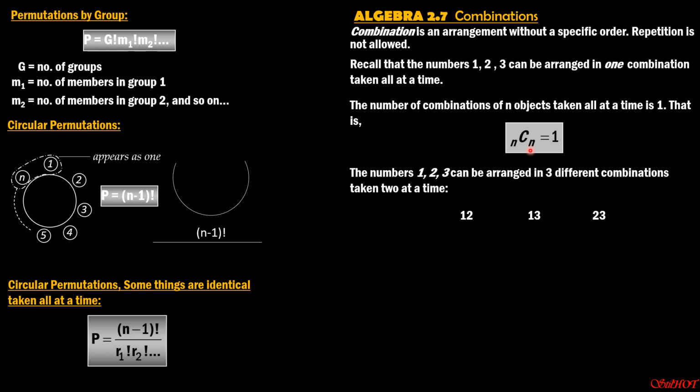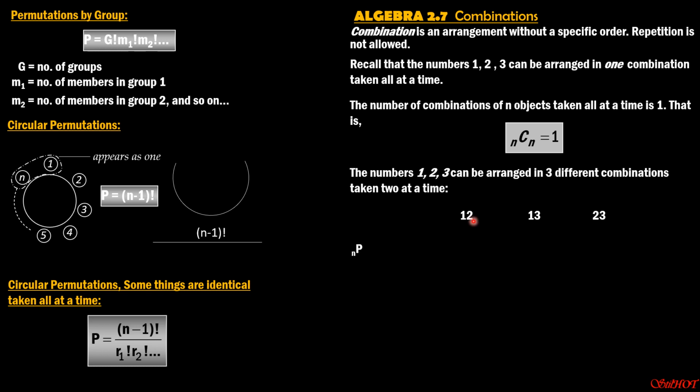So therefore, what's the formula for nCr? We observe that the number of permutations is greater than the number of combinations by this formula here. Remember that if the number of combinations of 3 different digits taken 2 at a time is only 3, in permutations it was 6, because in permutations these 2 different digits can still be arranged in 2 factorial ways.